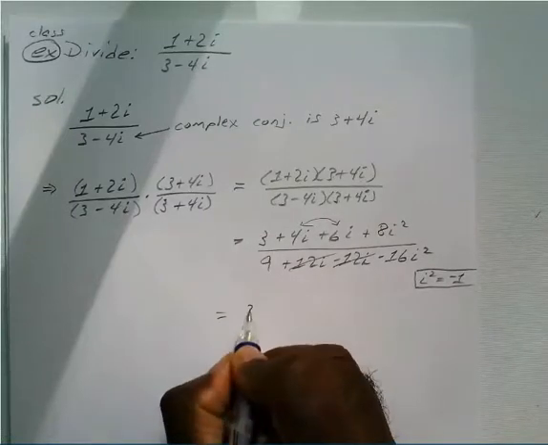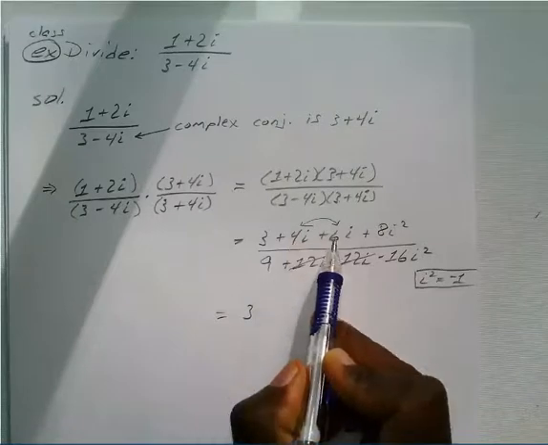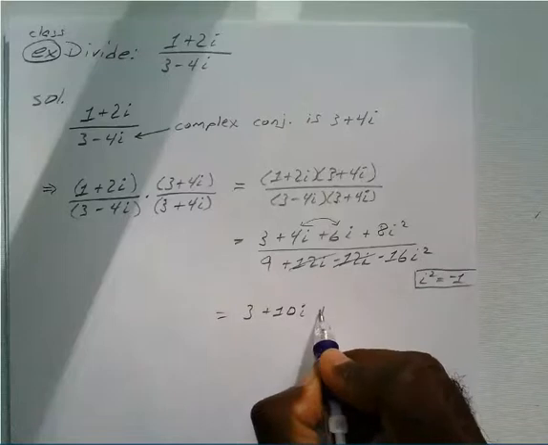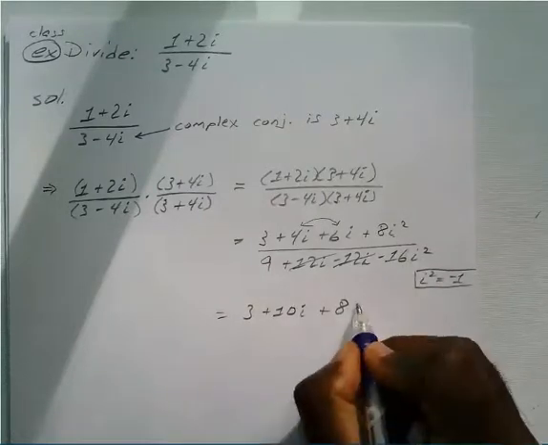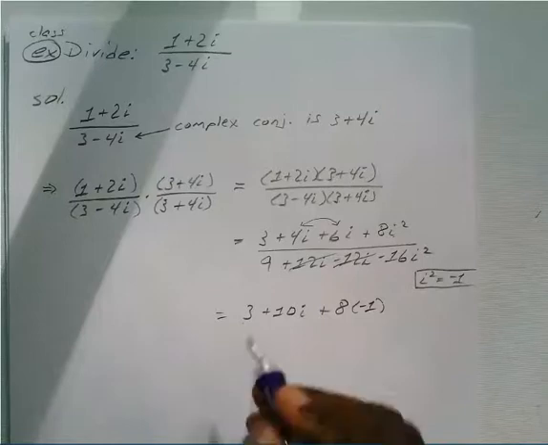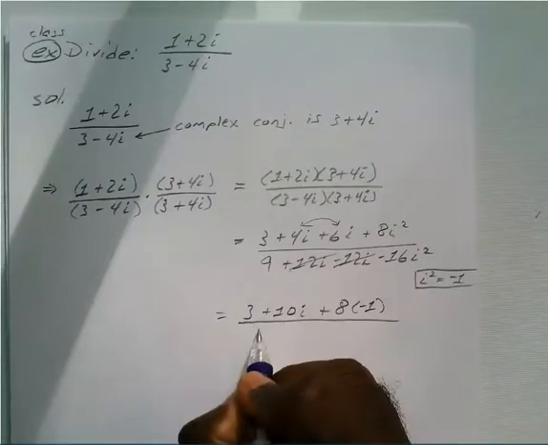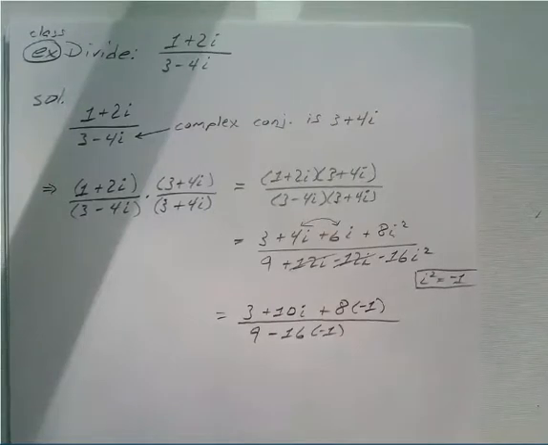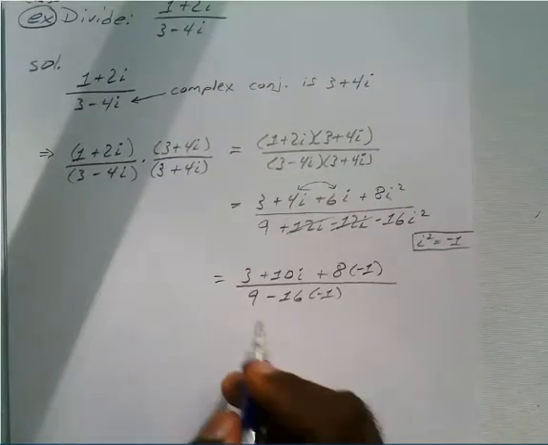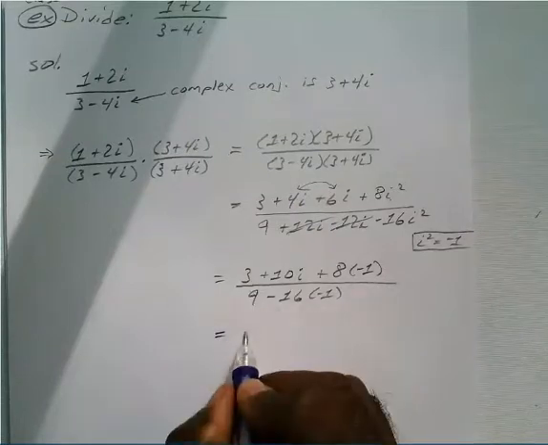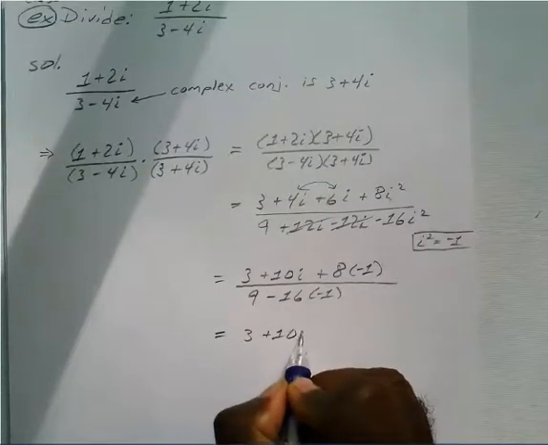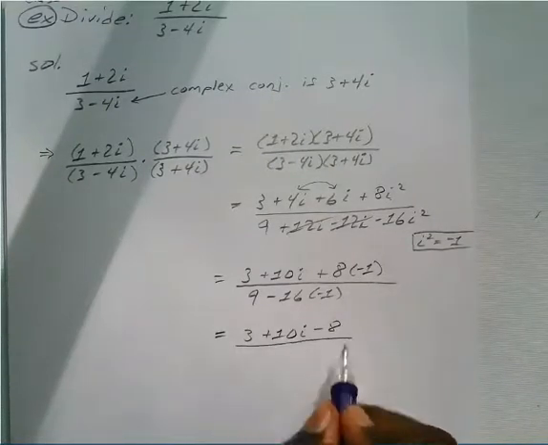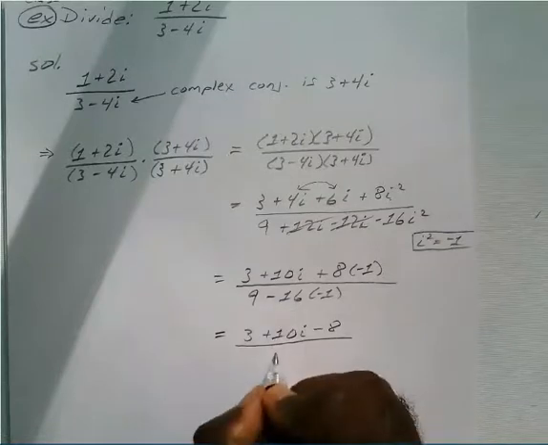So you have 3 plus 4i plus 6i is positive 10i, plus 8 times i squared, so 8 times negative 1, all over 9 minus 16 times negative 1. If we simplify those, you have 3 plus 10i minus 8, 8 times negative 1, over 9 plus 16.